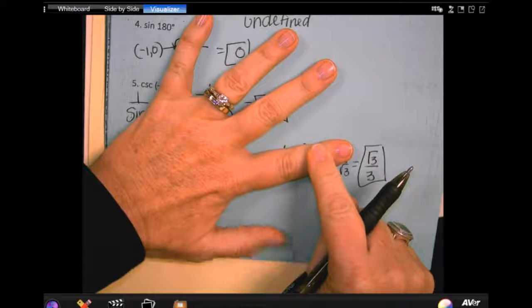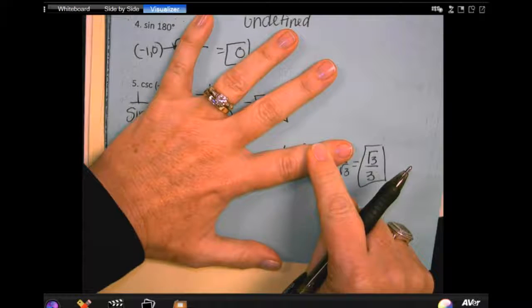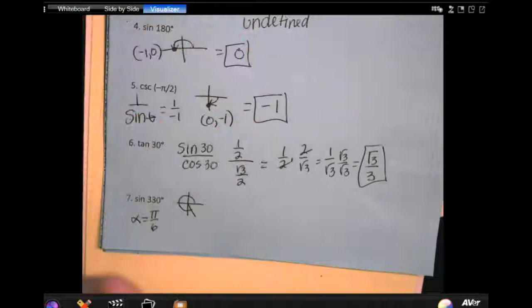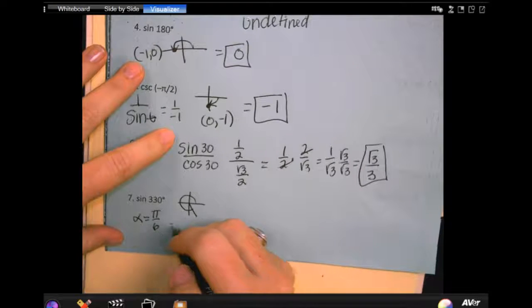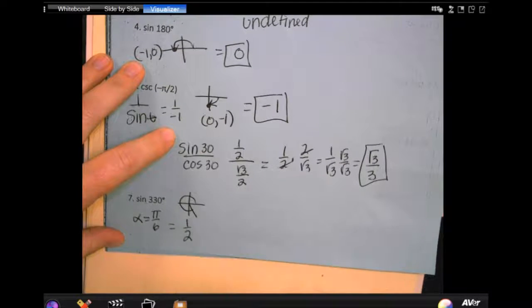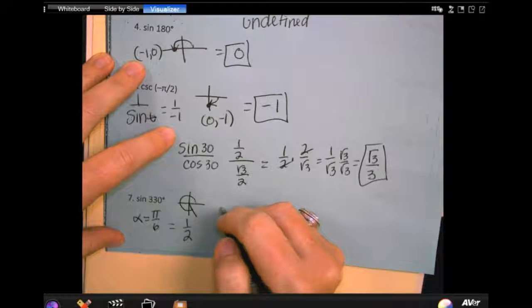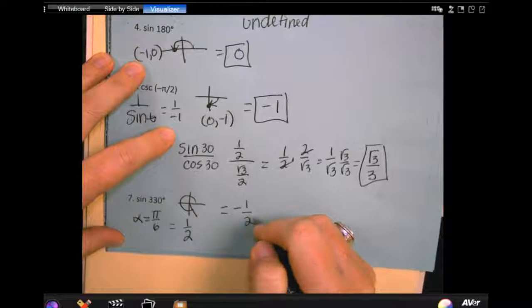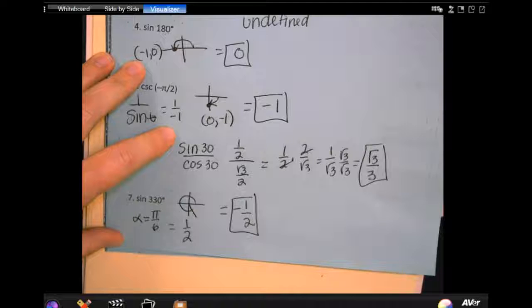The sine is below. What's the sine value? How many fingers? 1/2. So the sine here is 1/2. And in the fourth quadrant, the sign is the y value. Is the y positive or negative? It's negative, so it's a negative 1/2.